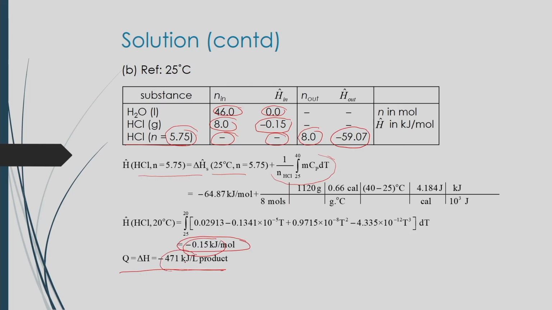This will be your amount of kilojoules, or heat energy, that is to be removed per liter of that hydrochloric acid solution.